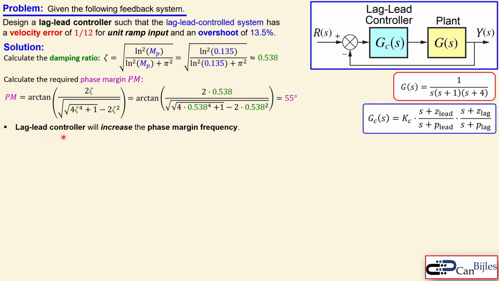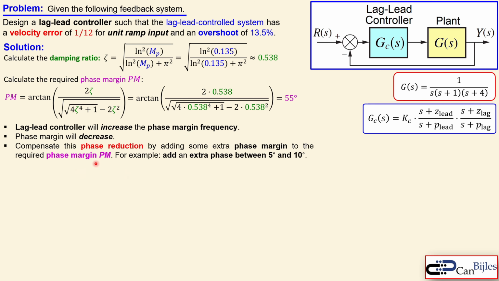But we know the lag lead controller will increase the phase margin frequency. That is because of the lead controller. And the phase margin will then decrease because of that increase in the phase margin frequency. So to compensate for this phase reduction, you can add some extra phase to the required phase margin.